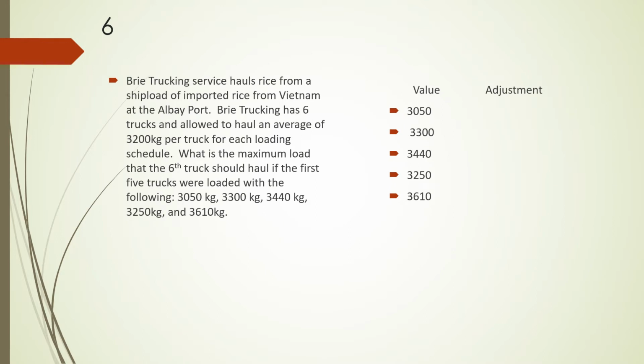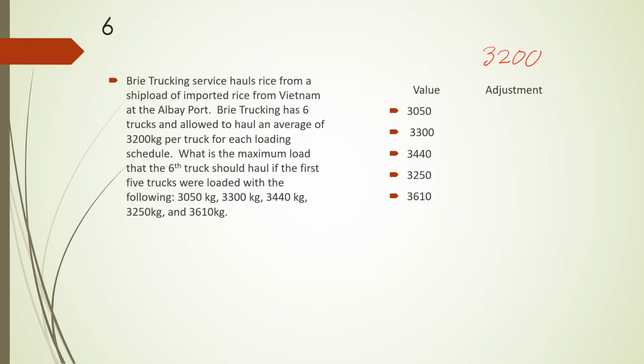Okay, for item 6, we are given that Bree Trucking Service hauls rice from a shipload of imported rice from Vietnam. And this trucking company has 6 trucks allowed to haul an average of 3,200 kilograms per truck for each loading schedule. So our reference value in here will be 3,200 kilograms.